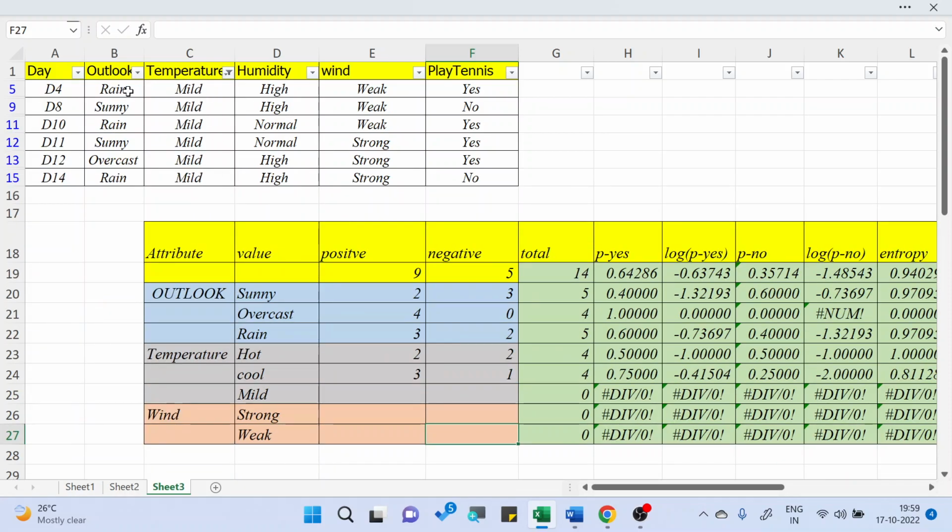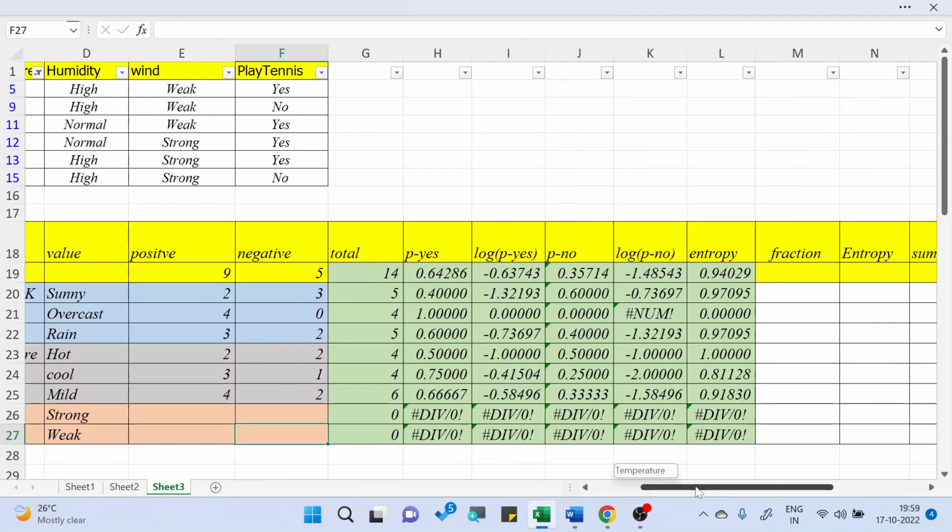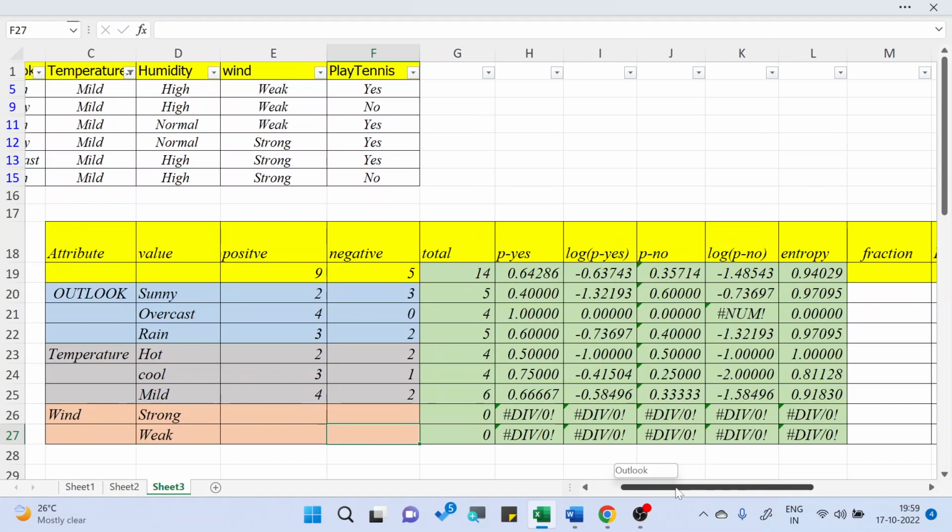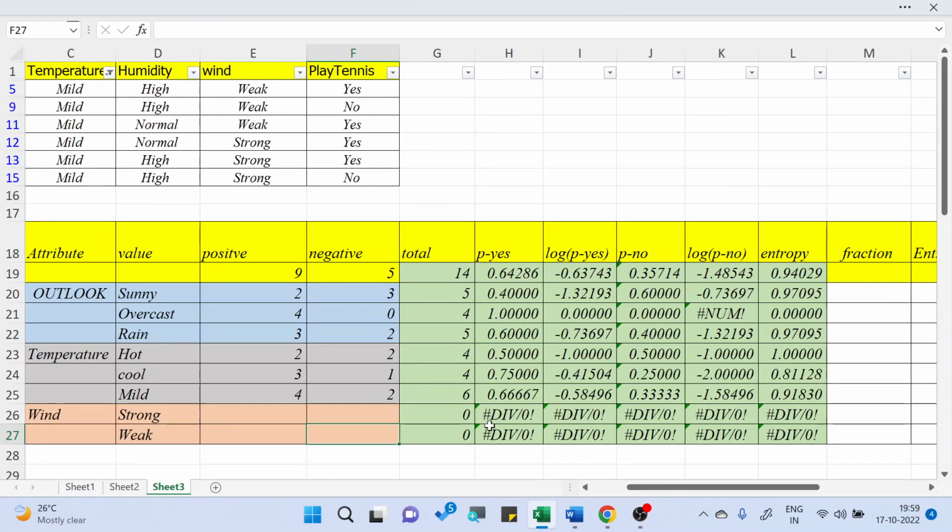How many examples? 1, 2, 3, 4, 5, 6 examples. In 6, 3 plus 1, 4 are positive and 2 are negative, and the entropy is 0.918.